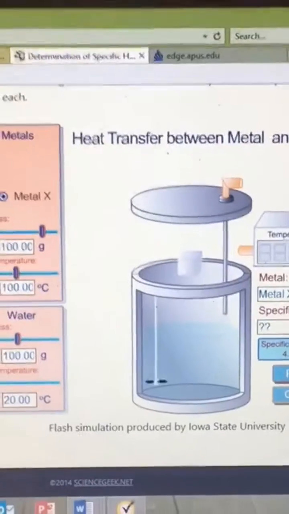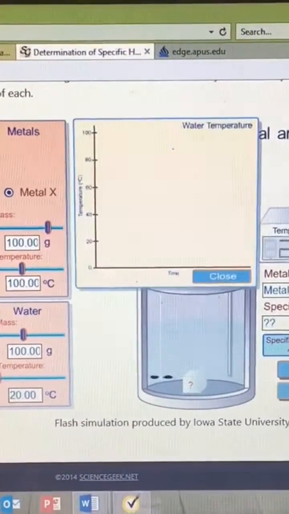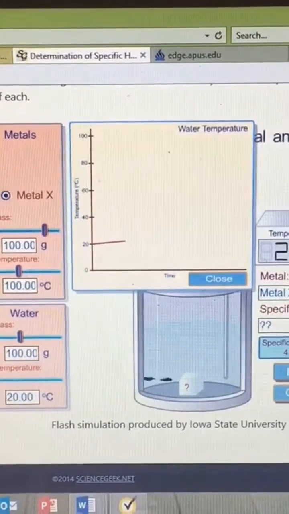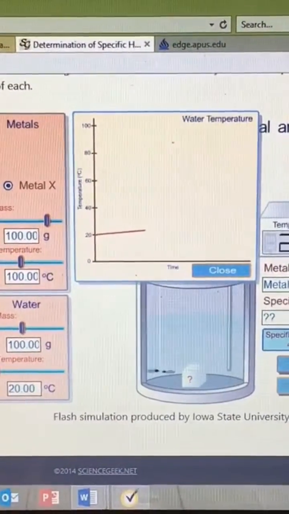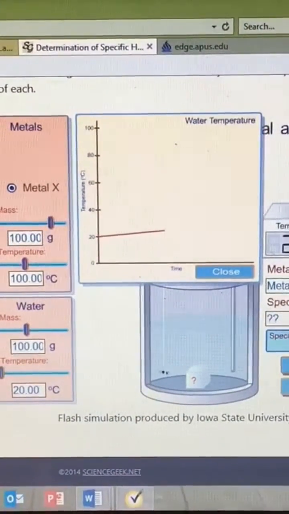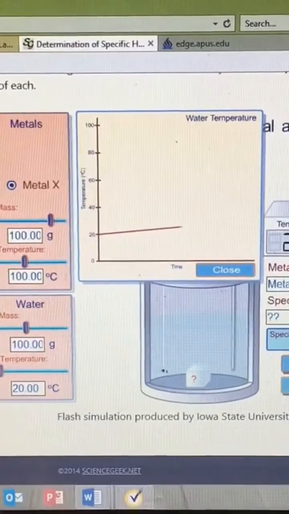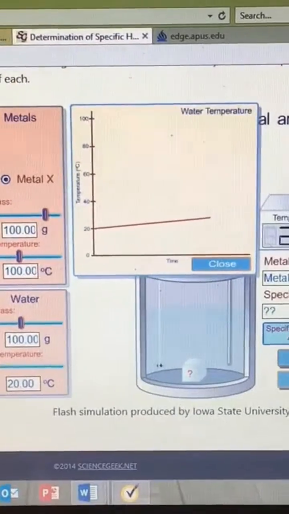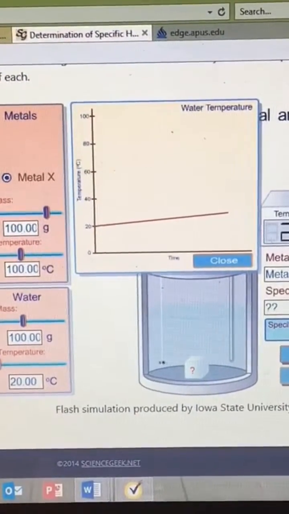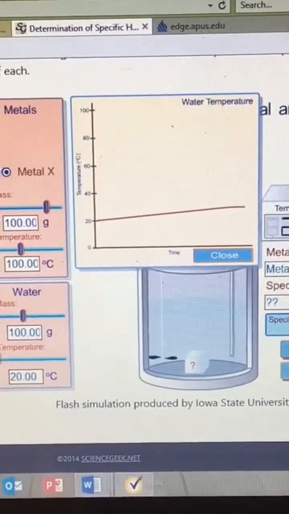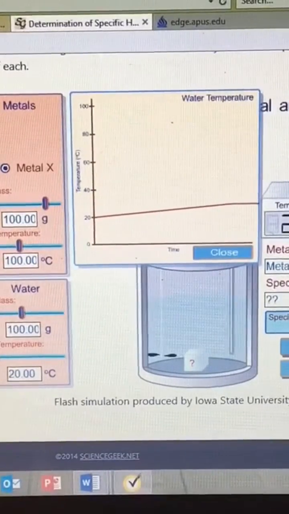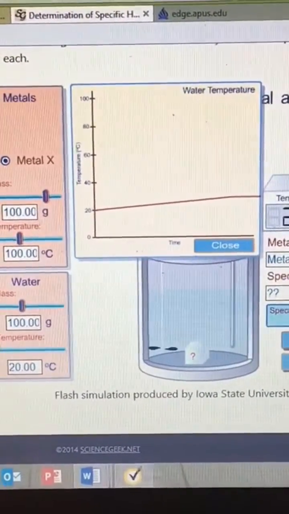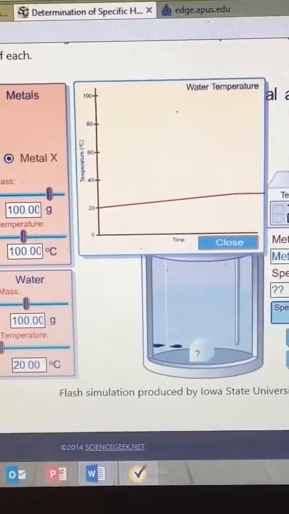Once I hit start, we will be able to find our final temperature. Our final temperature is 28.71.